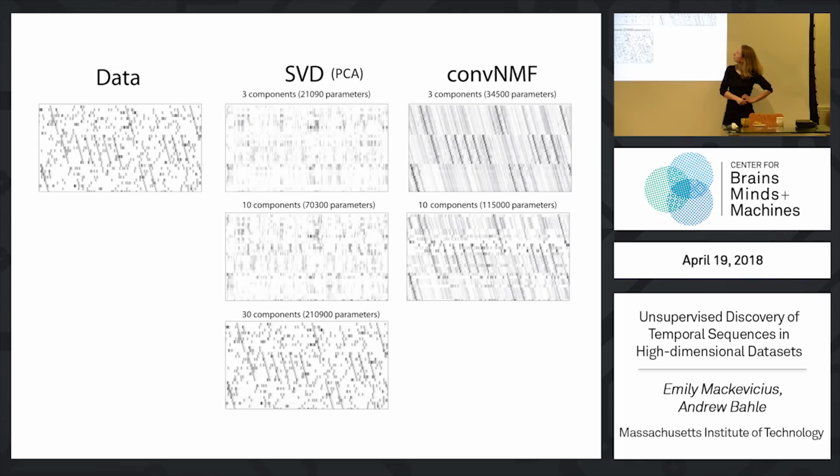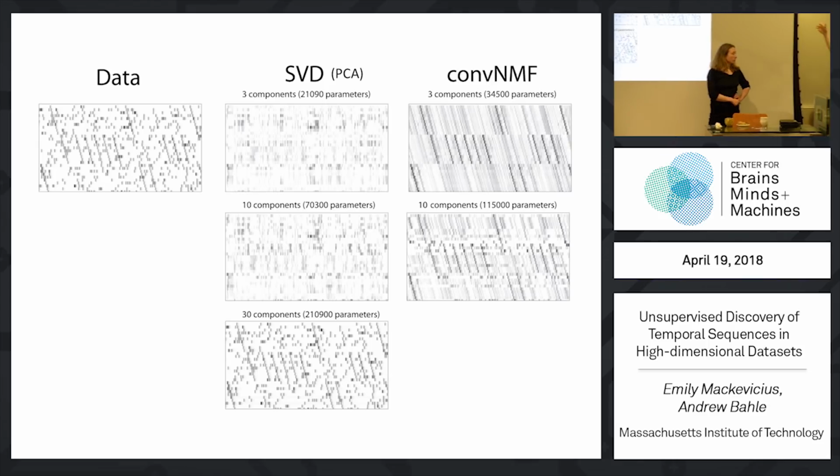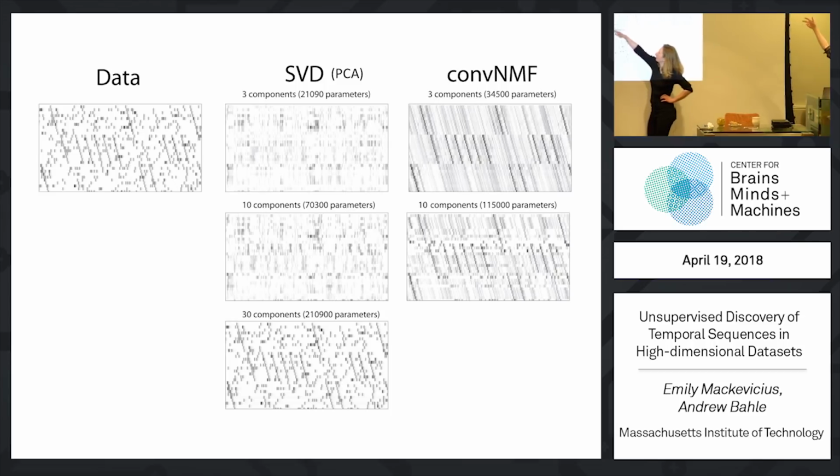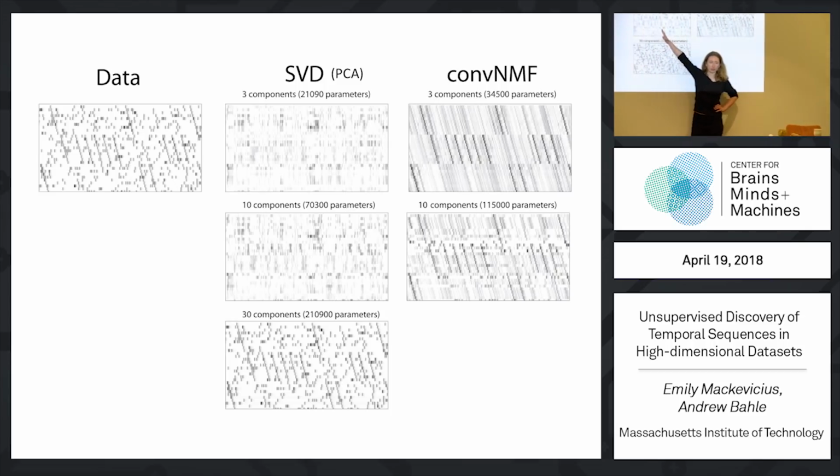What you can see is that although you are maybe keeping a lot of the variance when you have 10 components in your SVD model, you're really destroying the temporal structure that was in your data to begin with. It is distorted when you just keep the principal components, because you've just kept synchronous activity, and your repeating patterns are not synchronous.